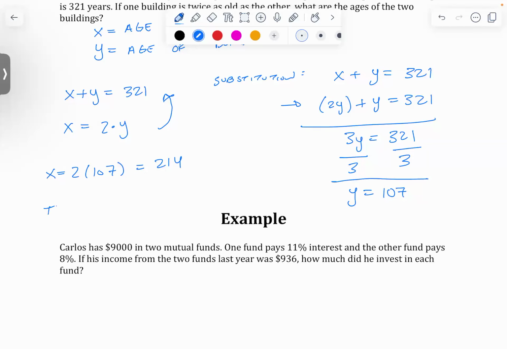So I'm going to say the ages of the two buildings were 107 years old and 214 years old.